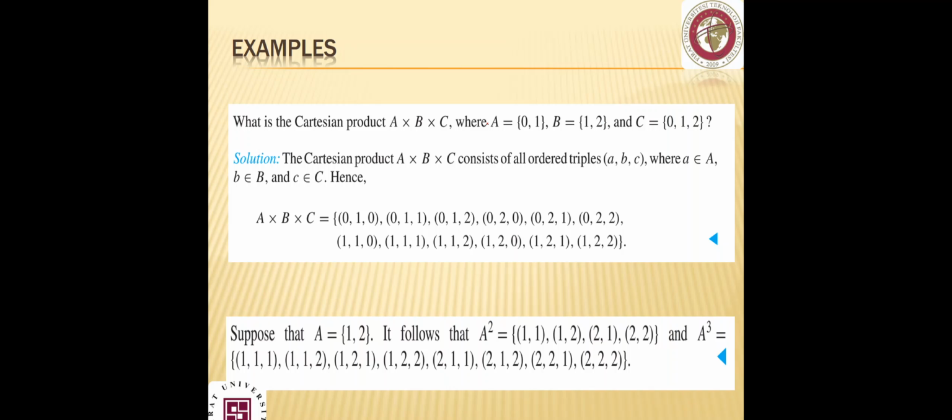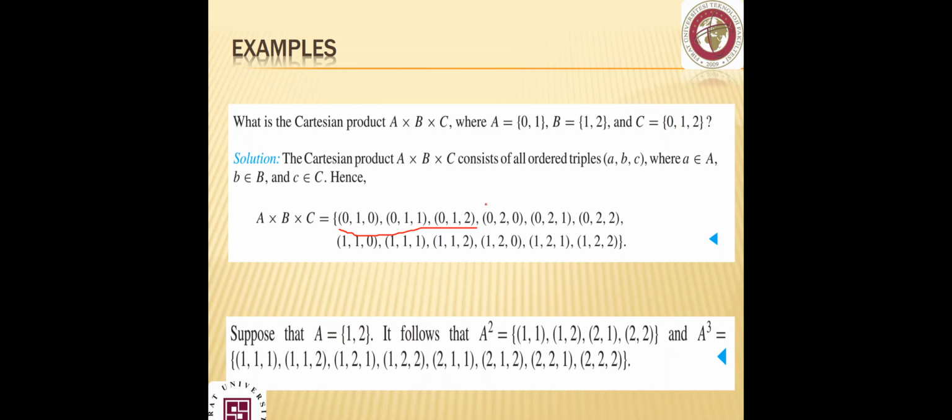So if we have the same here, A equals 0, 1, B equals 1, 2, and C equals 0, 1, 2, we will take not pairs, but 3-tuples, from A to B, from B to C. So we will have 0, 1, 0, then 0, 1, 1, then 0, 1, 2, this one, for the first element from A. Take the second element from A, 0, 1, 0, okay.